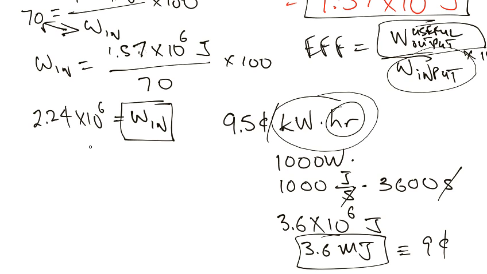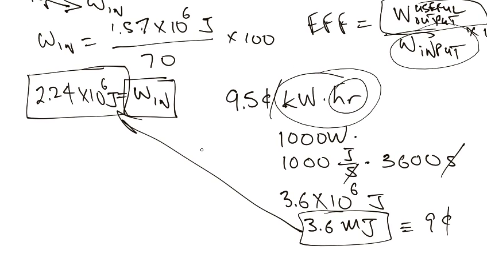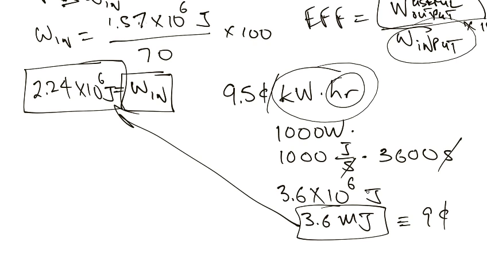Okay? So how much does this much energy cost? Because that's how much the stove is going to give off, right? In order to figure that out, you say, well, how many times does this go into that? Then all we have to do is multiply by 9, right? But in other words, I could say 3.6 times 10 to the power of 6.